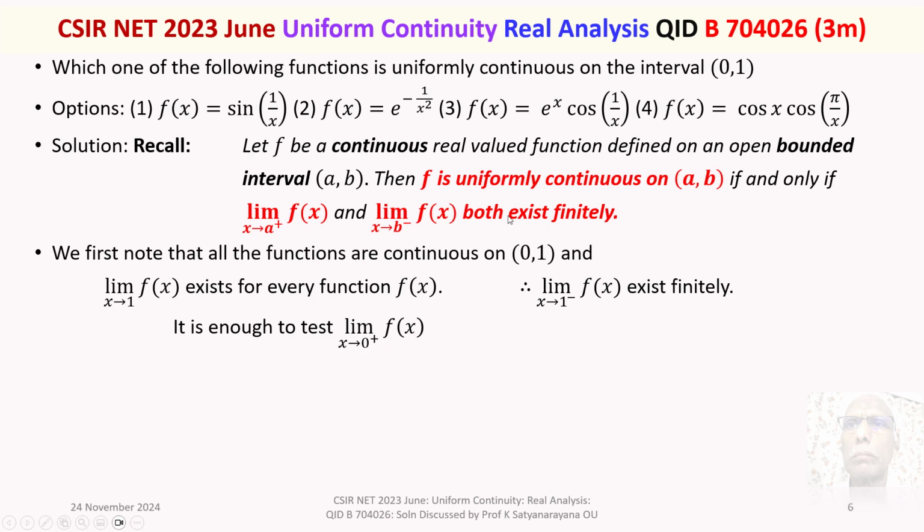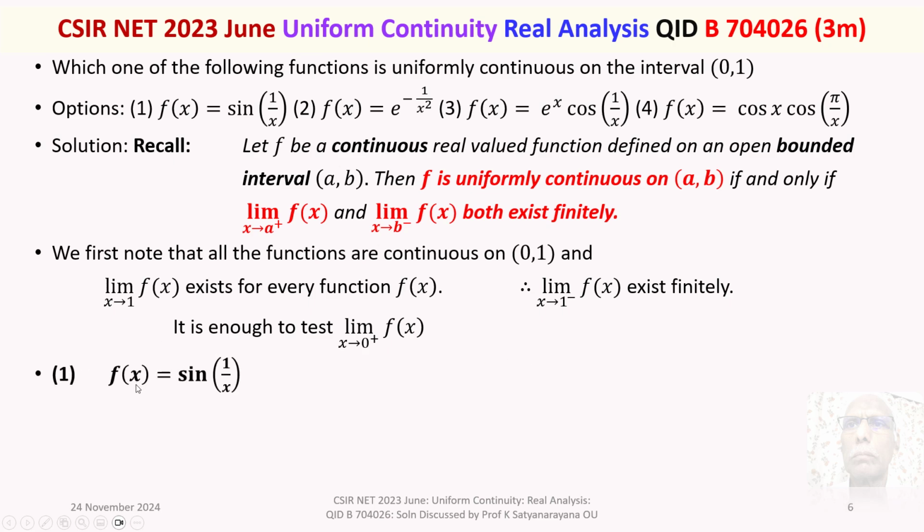It is enough to test the limit as x tends to 0 plus of f(x), that is the right limit of f(x) at 0. Let us test the limits for all these functions one after the other.